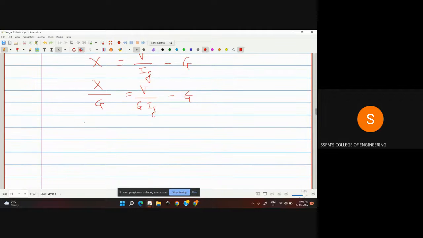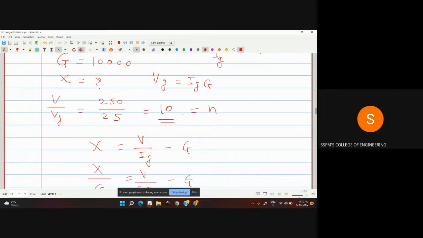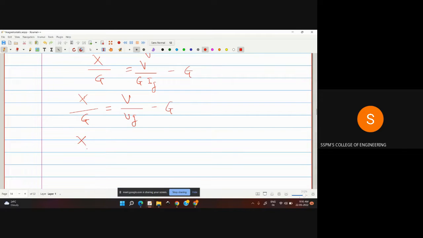So X upon G is equal to V upon Vg minus G. What is V upon Vg? We can consider it as N. V upon Vg is N. So X upon G is equal to N minus, sorry, here G upon G will come. We divide everywhere by G. So what will come here?